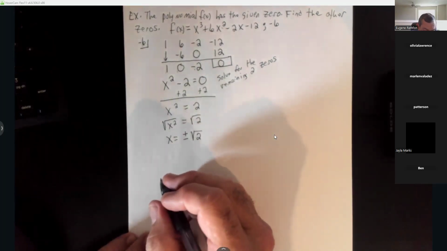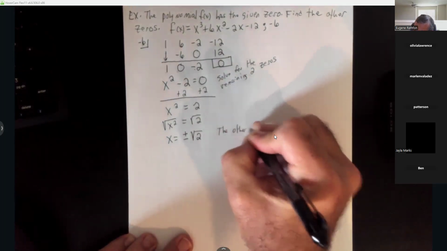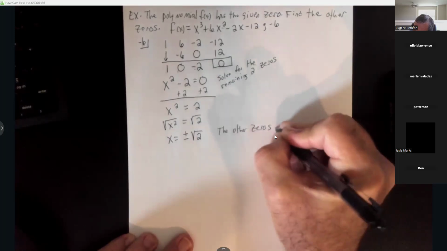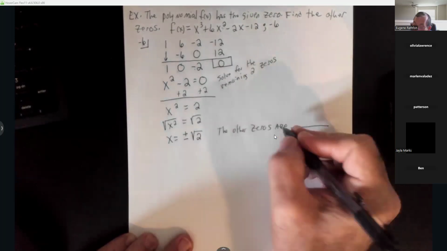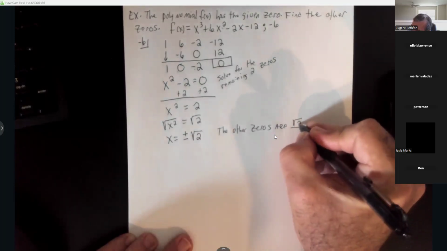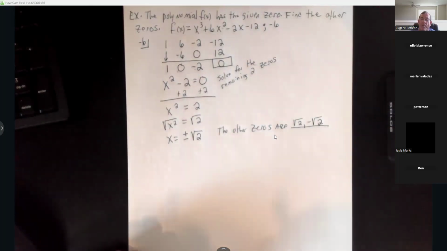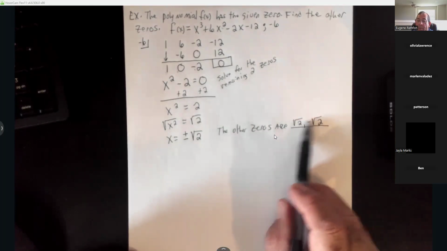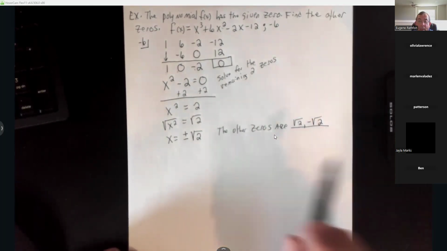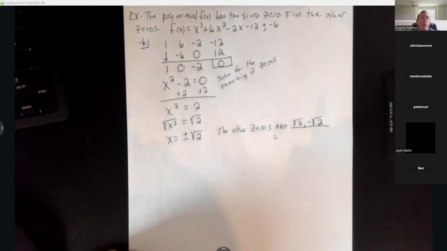So on this one, the other zeros are plus or minus square root of 2, or you can do a square root of 2, negative square root of 2. And that just proves our point that radicals come in conjugate pairs, okay? That's how you get them conjugate pairs, is by taking the square roots of a radical.